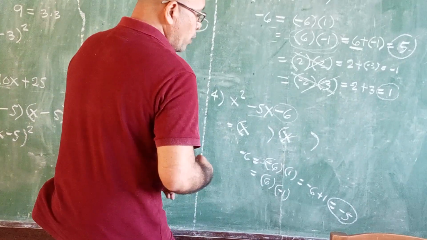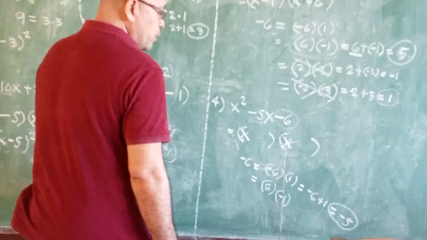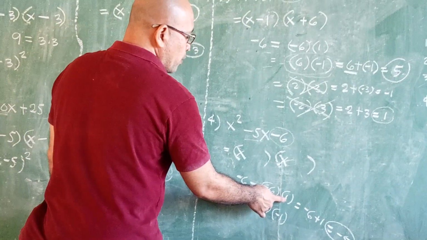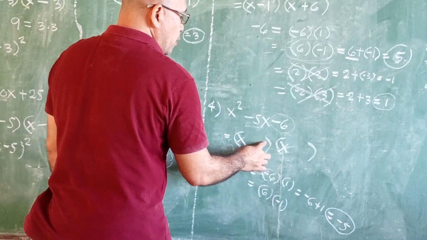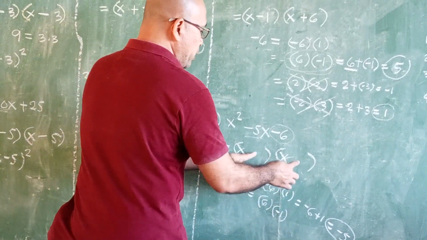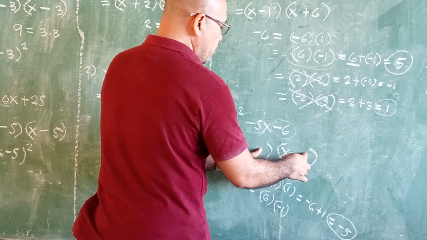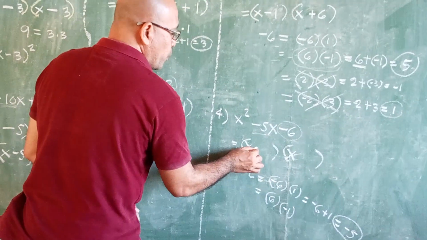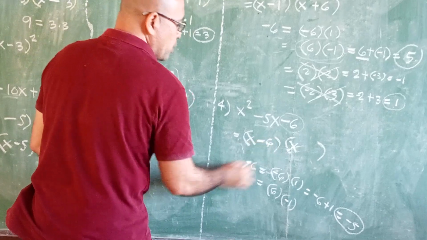So therefore, you can now decide and conclude that negative 6 and positive 1 are the factors you need to complete as the last term here. Since it is negative, automatically, when you use that one, it becomes minus 6.